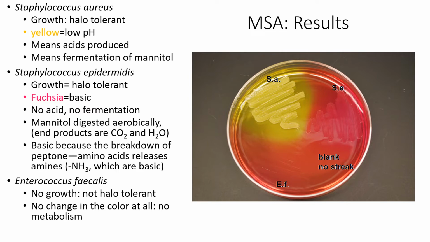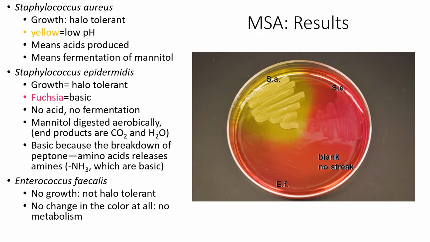Peptone. Every time you break down the amino acids, the amine group, the NH3 group, is a waste. If you remember that slide from the metabolic abilities of bacteria, we said that you don't just eat sugars, you also eat fats and proteins, and we discussed where they join in glycolysis and Krebs, etc. We showed that the amine group was a waste product, and I made a point to indicate that.